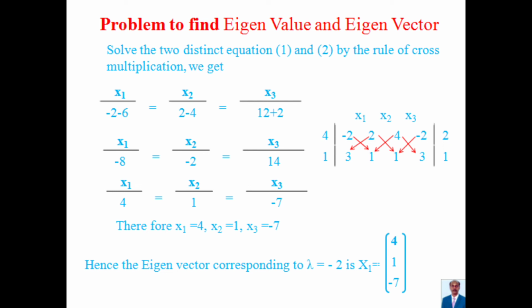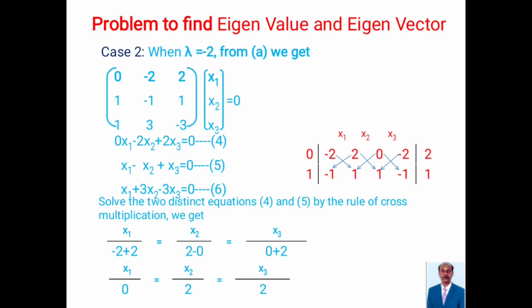Here 2 is common for all the denominators, so we multiply by 2 and get x1 by 4, x2 by 1 because we multiply with minus 2, x3 by minus 7. Therefore x1 is 4, x2 is 1, x3 is minus 7. So when the eigenvalue is minus 2, the eigenvector is 4, 1, minus 7.